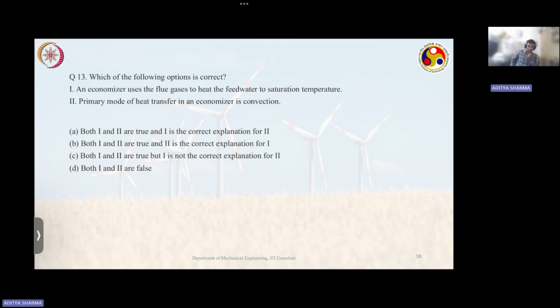So the question is on economizer. The first statement is an economizer uses the flue gases to heat the feed water to saturation temperature.